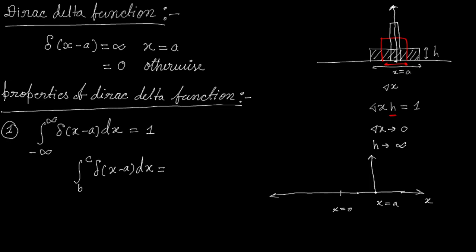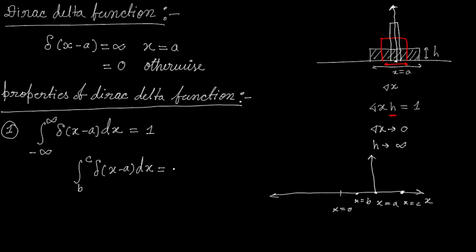Now if we consider this limit, let's say this is my x equals b point, and this is my x equals c point, then you can see here that the x equals a point lies between b and c, inside this limit.